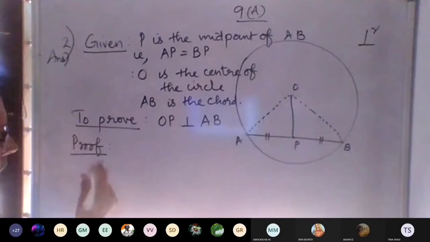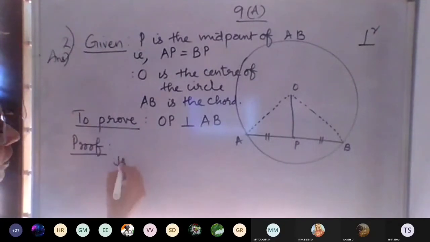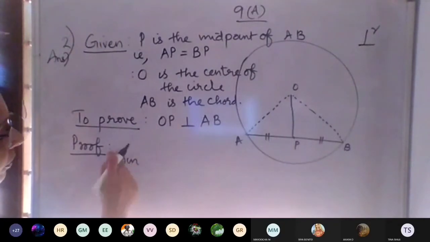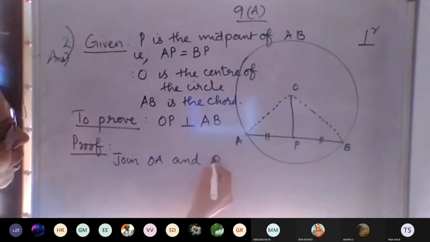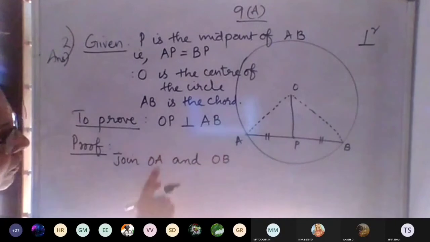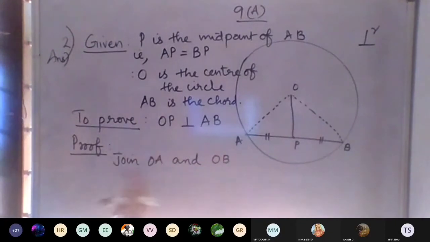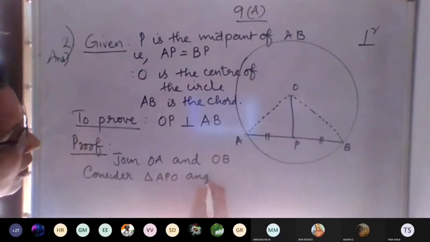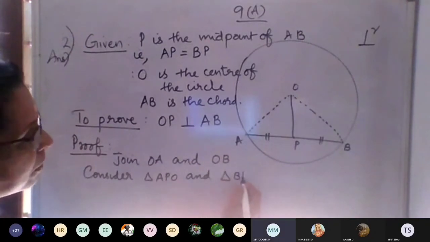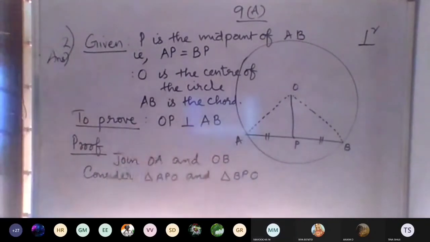For doing this proof, first step, join OA and OB. After joining, we got two triangles. So next step, what will we write? Consider triangle APO and triangle BPO. All the questions are the same. Understood up to this format? Understood?